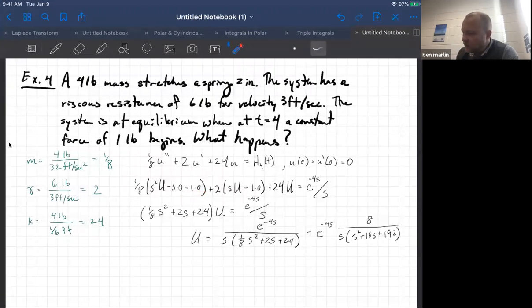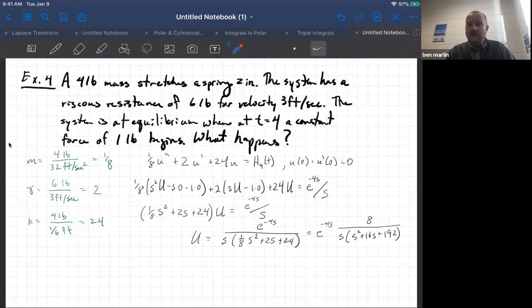And then we'll do the Laplace transform of u prime, which is just going to be s times u, and then minus 1 times u of 0. Laplace transform of little u will just abbreviate with a capital U. And then the Laplace transform for the unit step function at t equals 4 is e to the minus 4s over s. Okay?